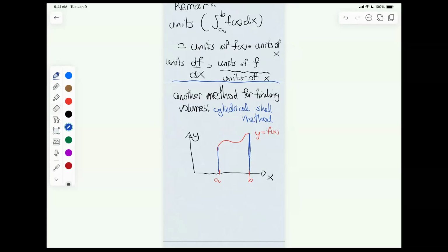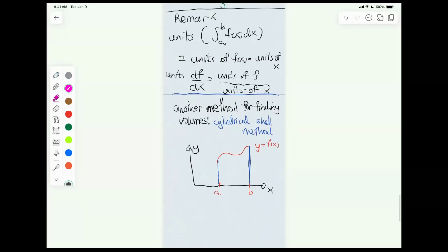Then there's this region, which is the one you would work with when trying to find integrals: the area between the curve, the graph of the function, and the x-axis over the interval from a to b.